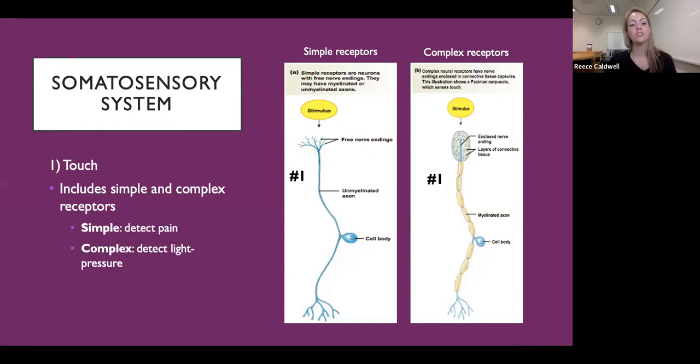Our simple receptors detect pain, whereas our complex receptors detect light pressure. I know that might sound a little complicated because you would think pain is more complex than light touch. However, it's complicated for us, and we need to understand that simple deals with pain and complex deals with light pressure. So let's look at the structural differences of these 2 receptors.